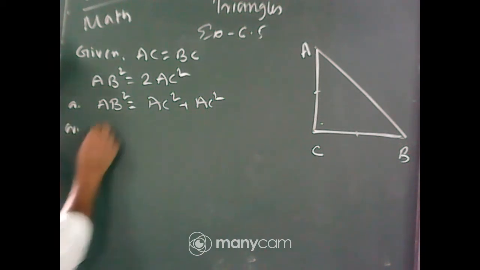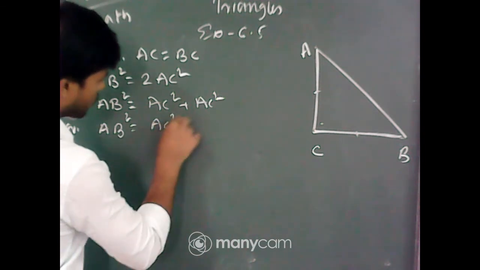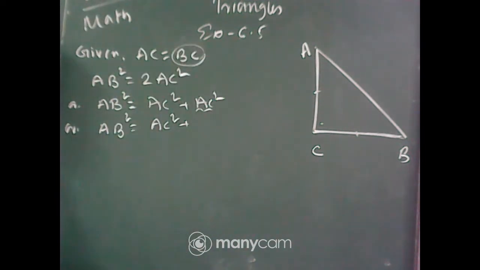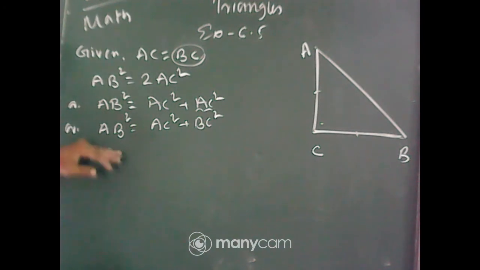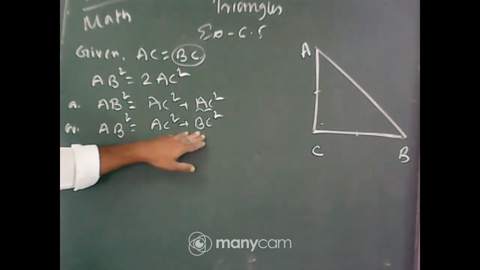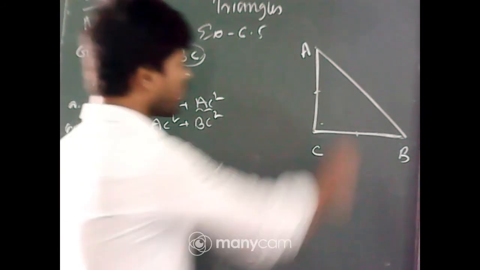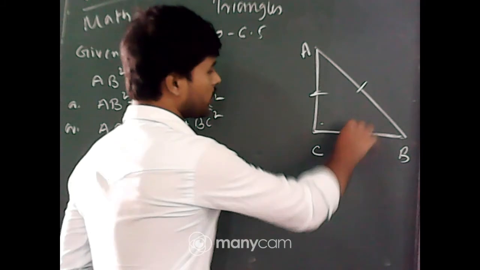That means AB square is equal to AC square plus, look, in place of AC we will put BC because AC and BC are equal. So this is BC square. So AB square equals AC square plus BC square. That means look at the triangle: the square of one side is equal to the sum of the squares of the other two sides.